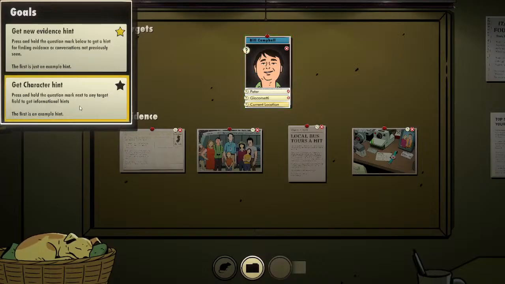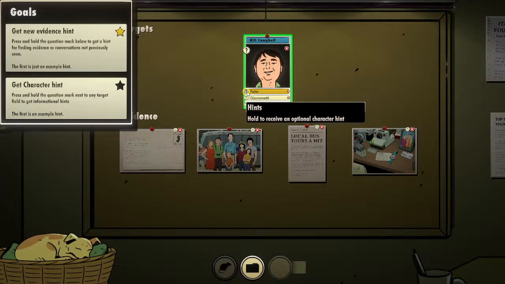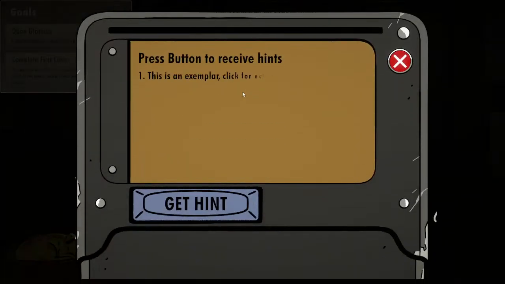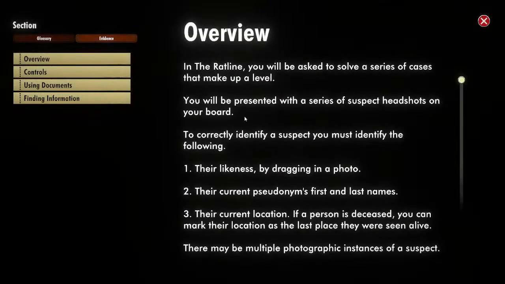Get character hint. Press and hold the question mark next to any target field to get informational hints. What? Oh, like this. Can we do it for one that we already know? This is an exemplar. Click for actual hints. Okay. Open glossary using the tab buttons.